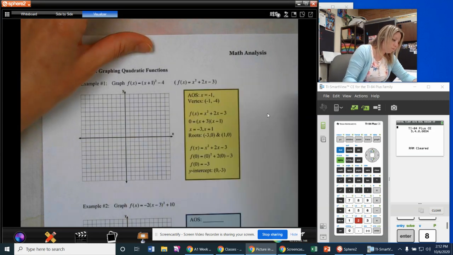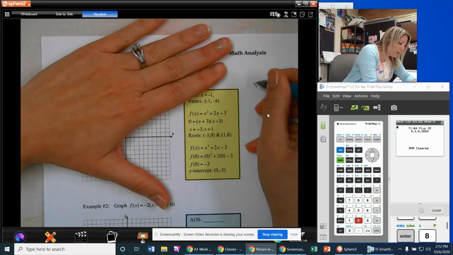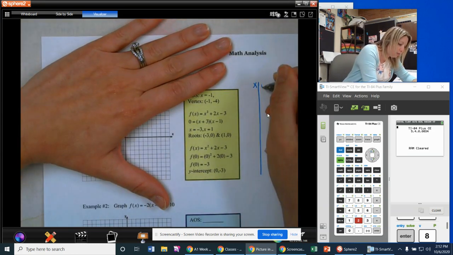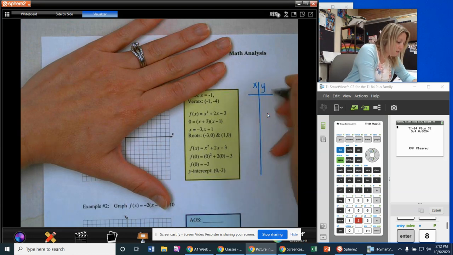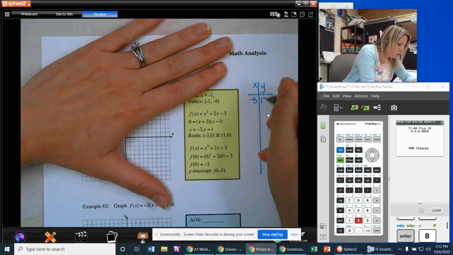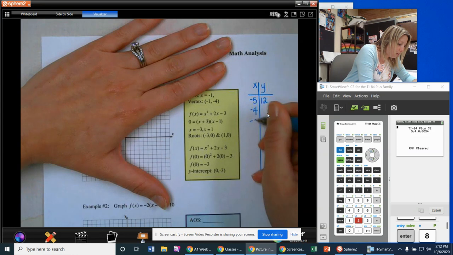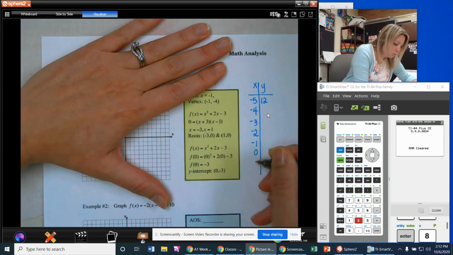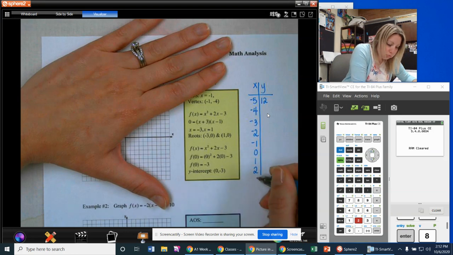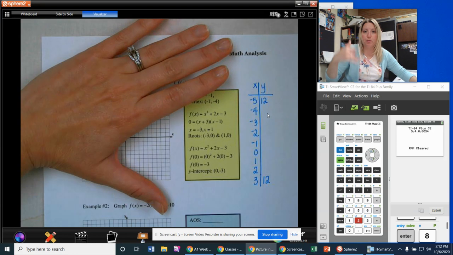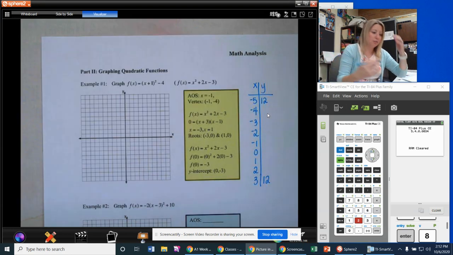So I'm going to copy that table right here onto my paper. And I'm going to start with the (-5, 12), even though I don't see that really fitting super well. And all the way to (3, 12), right? And so you'll see the pattern in the y's.